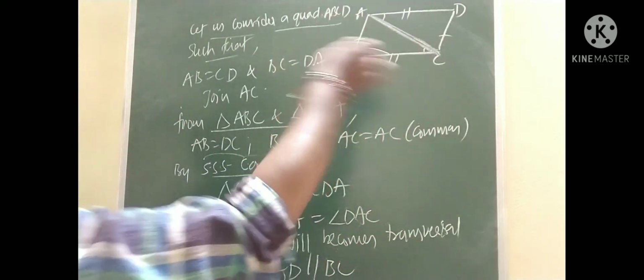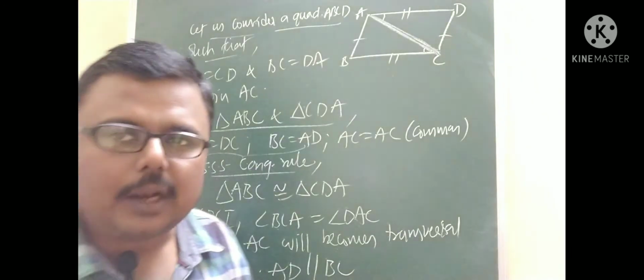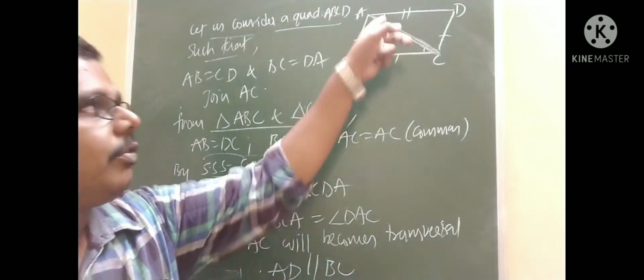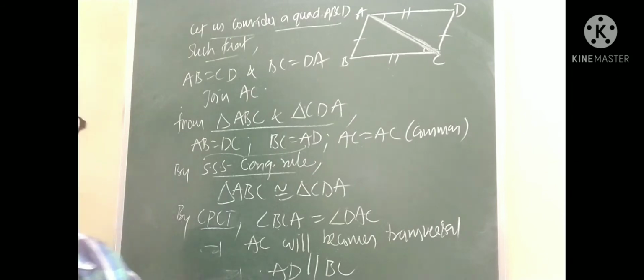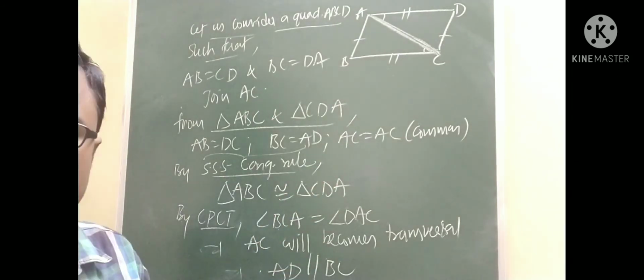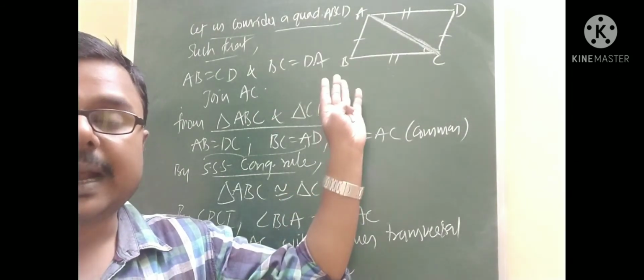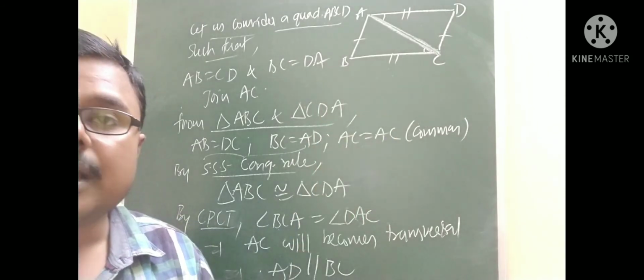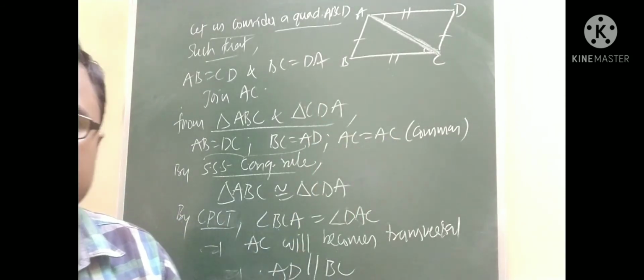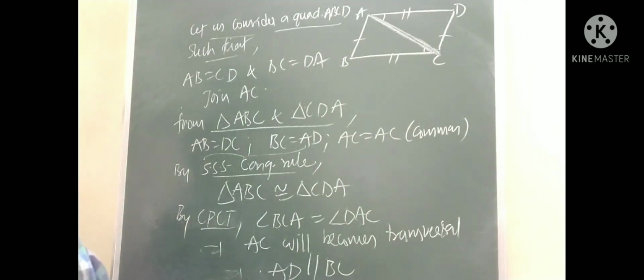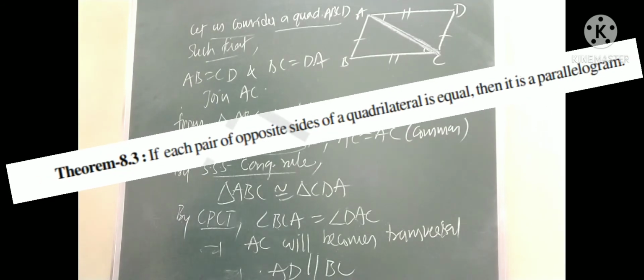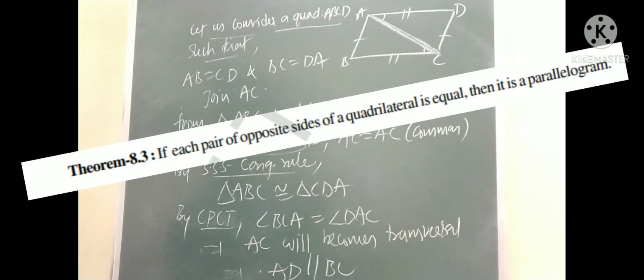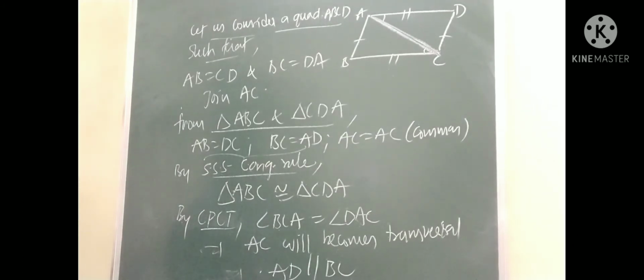So two pairs of opposite sides are equal and parallel. Then we can conclude that the quadrilateral will become a parallelogram. So in a parallelogram, opposite sides are equal and parallel. Okay, clear? Now let's move on to the next statement.